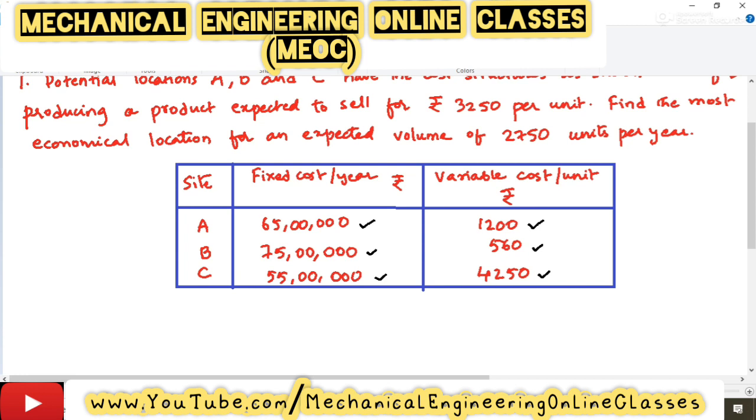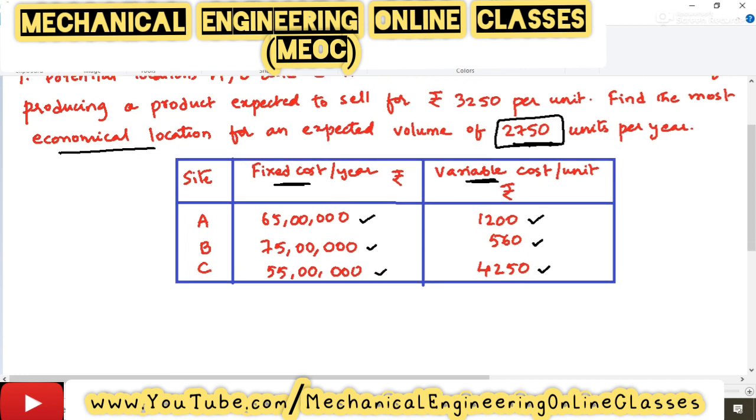So we have to find the most economical location for our product, which has to be manufactured in 2750 number of units. So as we all know, fixed cost is nothing but the cost which will not change with the number of units of production, whereas variable cost is the cost which is calculated per unit.